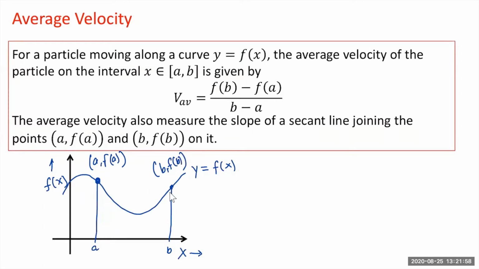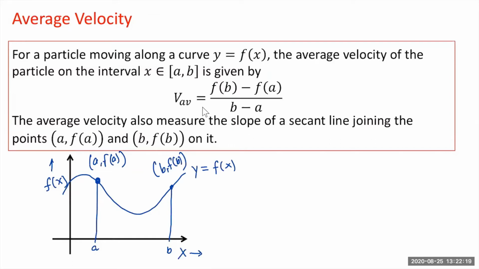If you want to find the average velocity of the particle between these two time periods from a to b, the average velocity is given by this formula here. V sub AV, that is average, is equal to f of b minus f of a over b minus a.